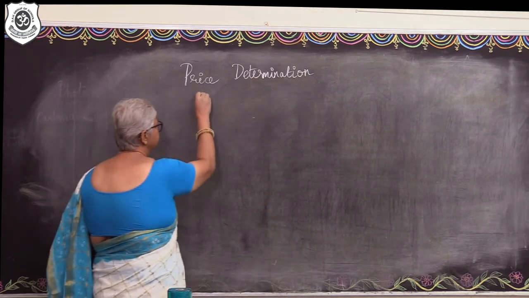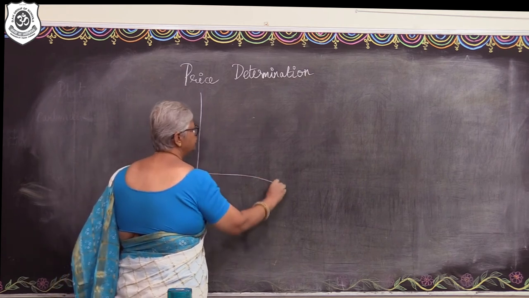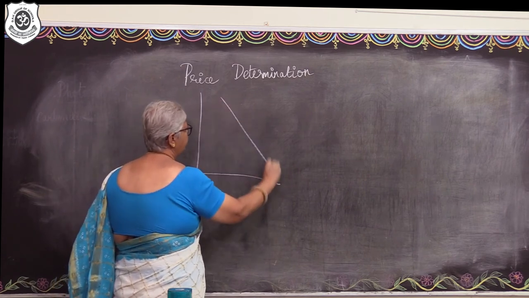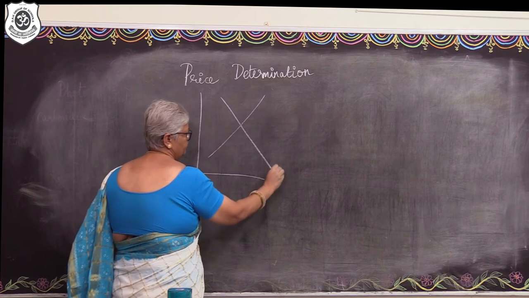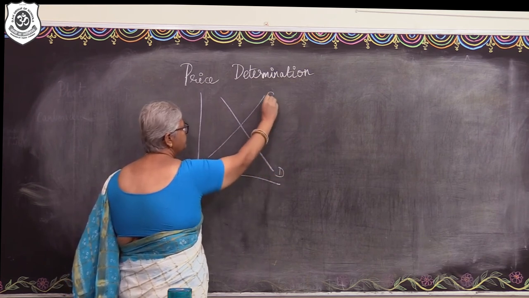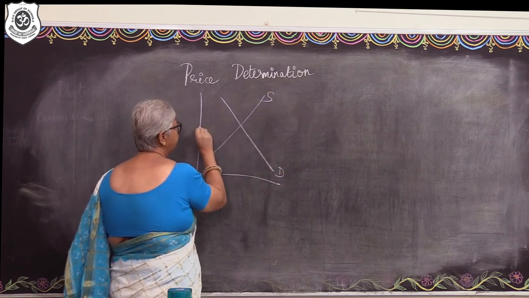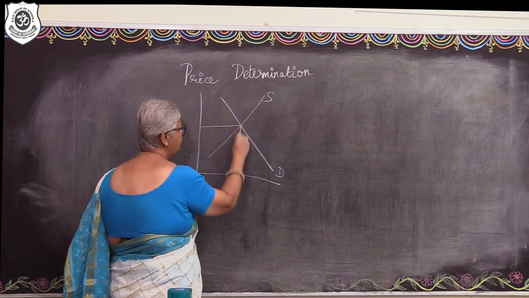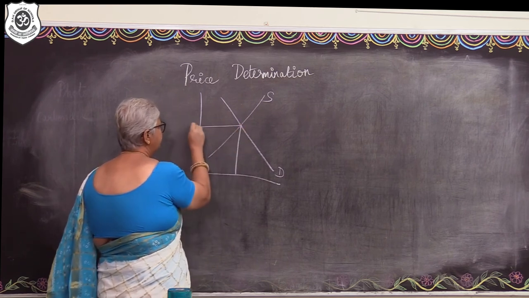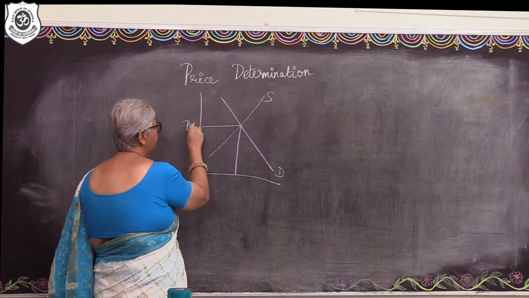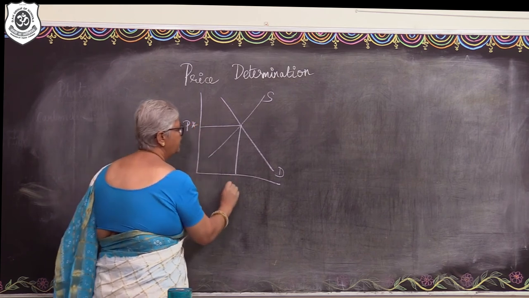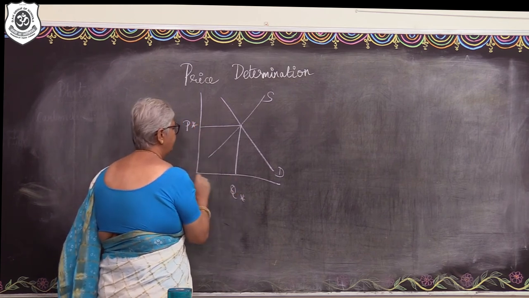Okay, so start with the original equilibrium. You know that when the market demand is going to be equal to the market supply, then the market equilibrium is determined, the equilibrium price is determined, and the equilibrium output is determined, fine.